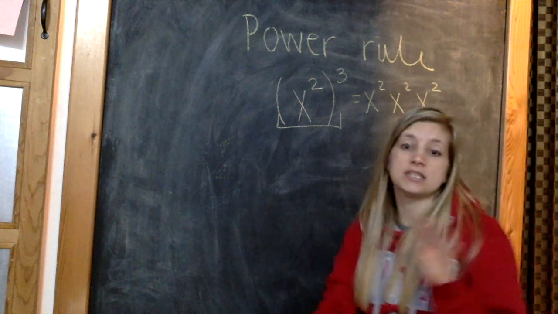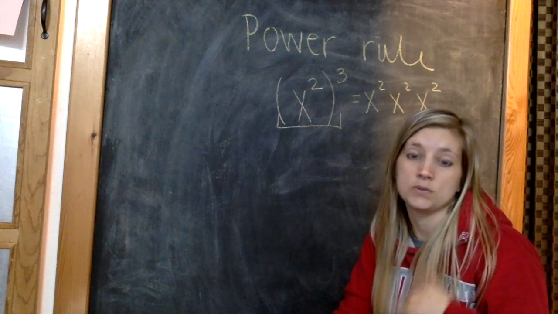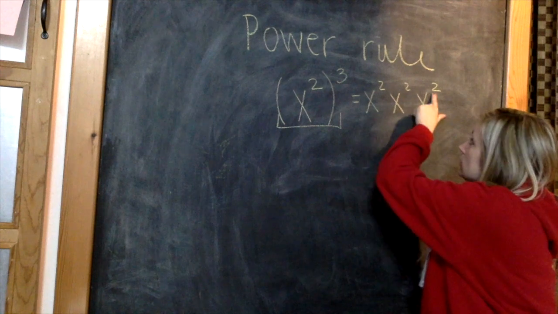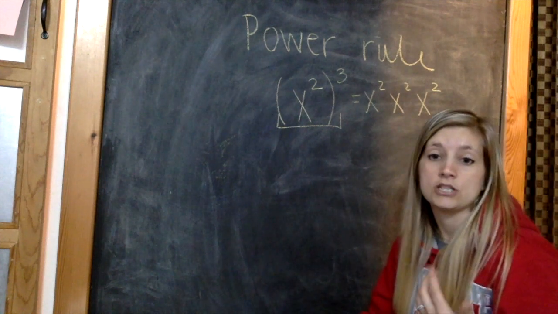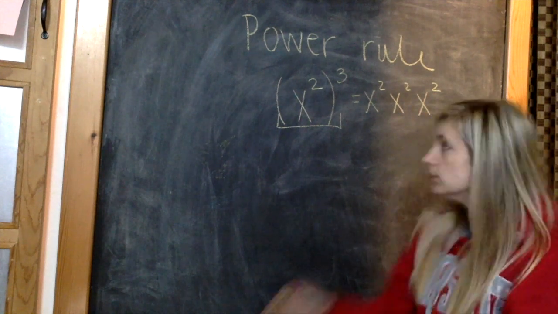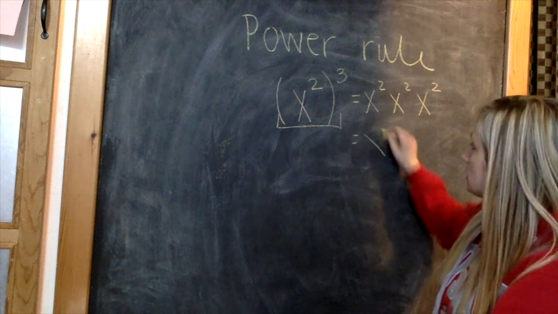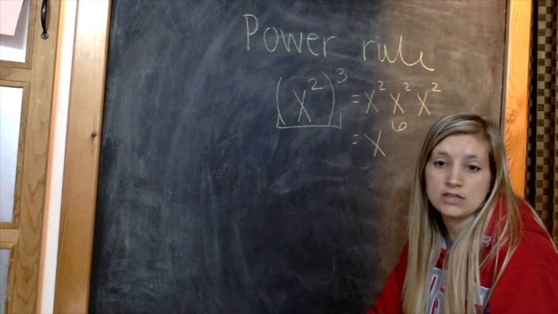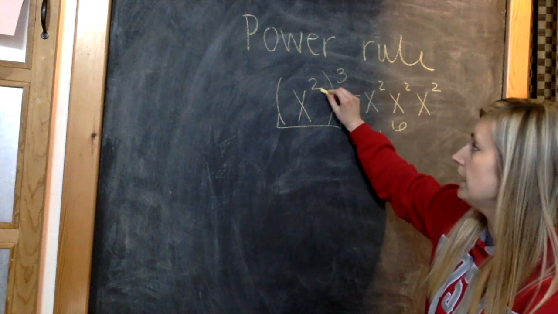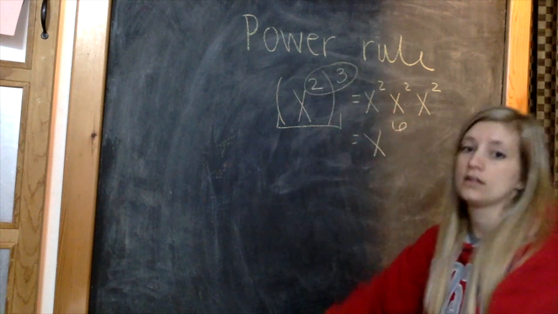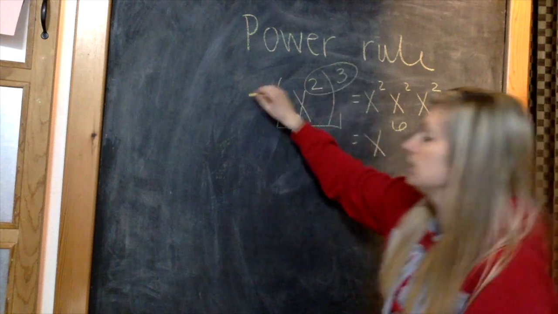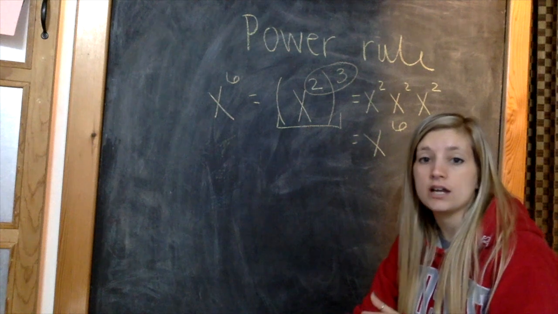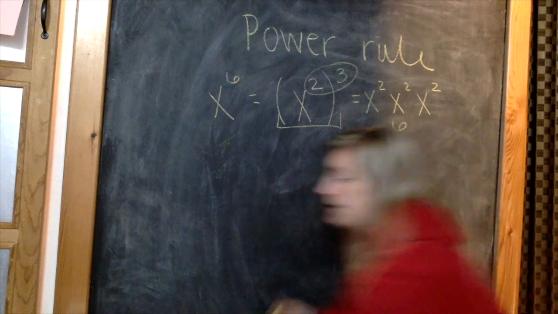Okay, and so this is where you can kind of go separately. So you have 2, 2, 2. So you're either going to do two things. You're going to take 2 plus 2 plus 2 to realize that this is x to the 6th, okay? Or you can take the shortcut and you can take your 2 exponent and multiply it by 3, okay? So 2 times 3 is x to the 6th, okay? So that right there is the shortcut, okay?